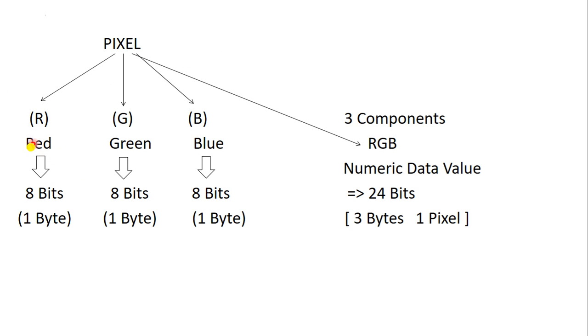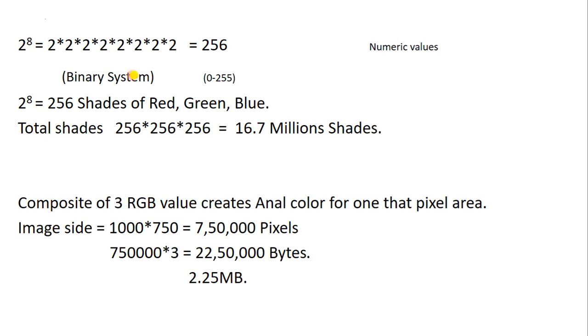What type of shades will be in the red component? Suppose red is one shade, light red is one shade, dark red is one shade, more light red is another shade. So like this, different types of red shades are there. Different types of colors are being generated in this red. I am talking about one component.